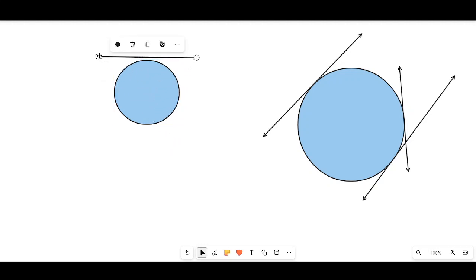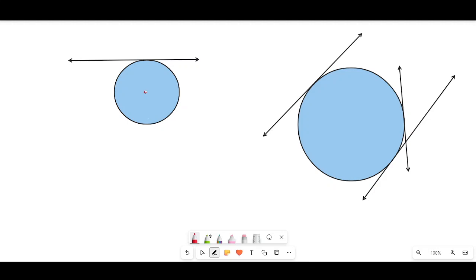Here we have drawn a line. Clear? Now this is the center and this is the radius, which is perpendicular to the tangent.